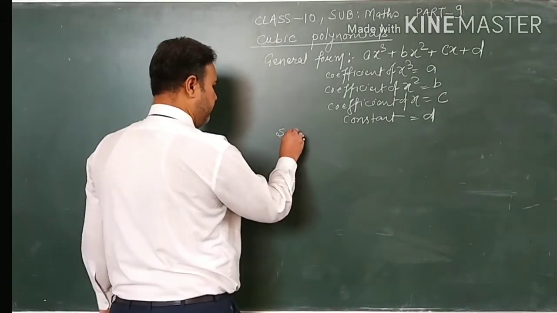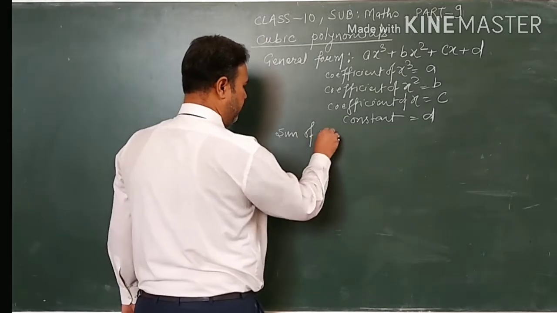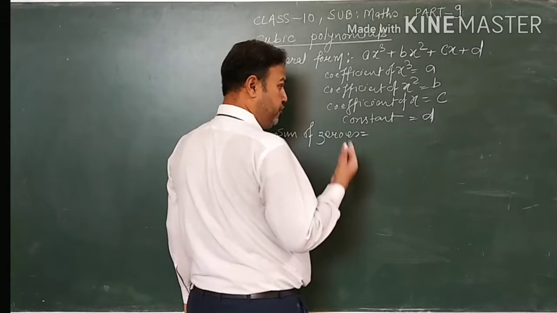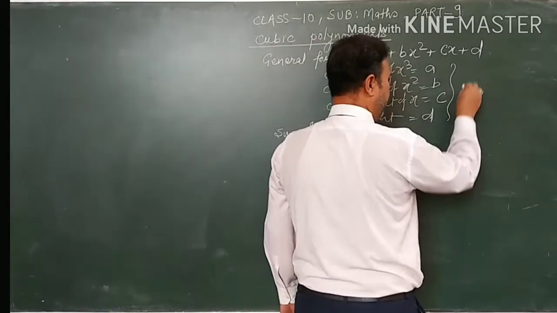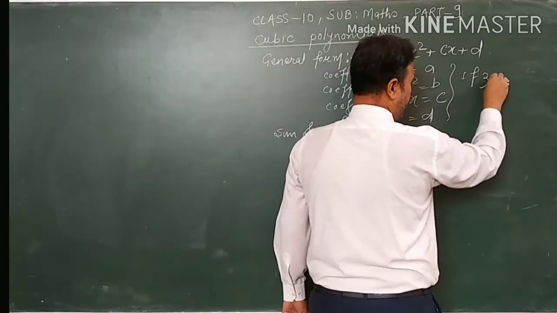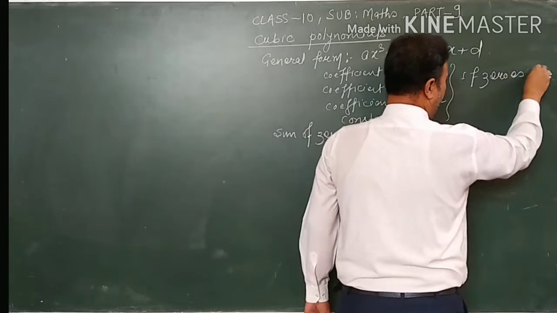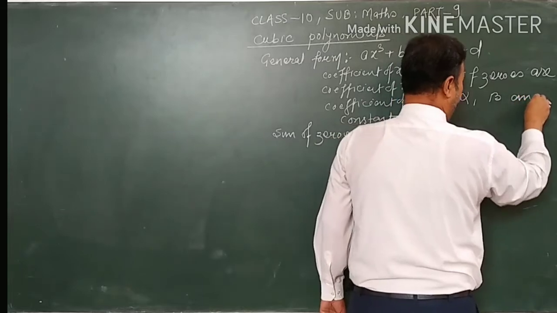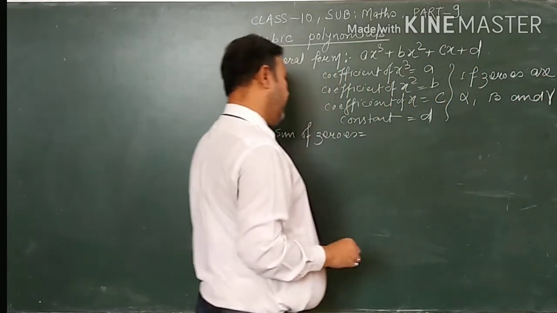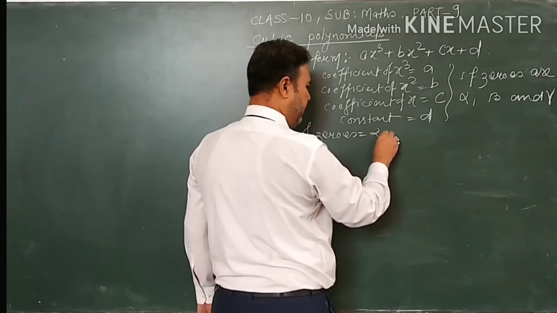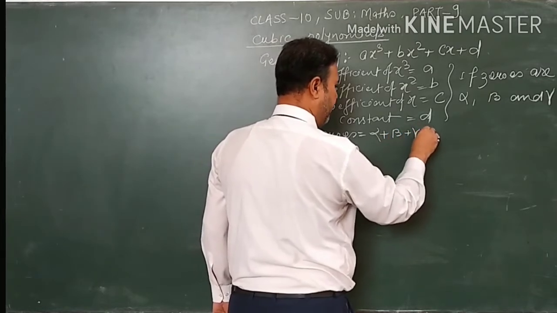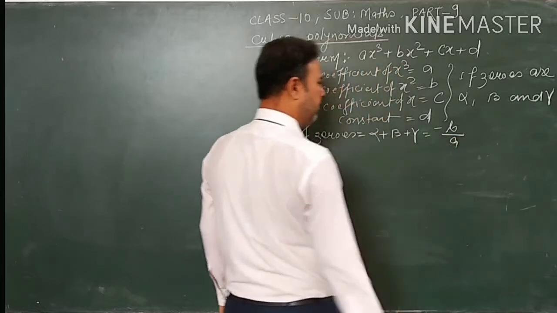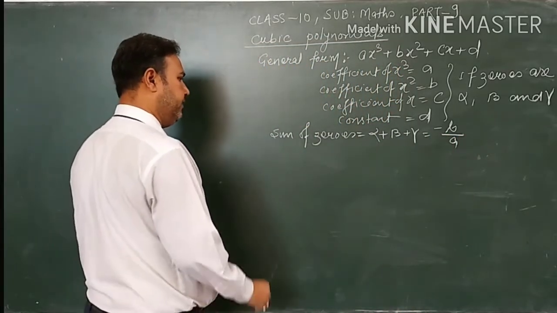If zeros are alpha, beta and gamma, then sum of zeros, alpha plus beta plus gamma, will be equal to minus b upon a.